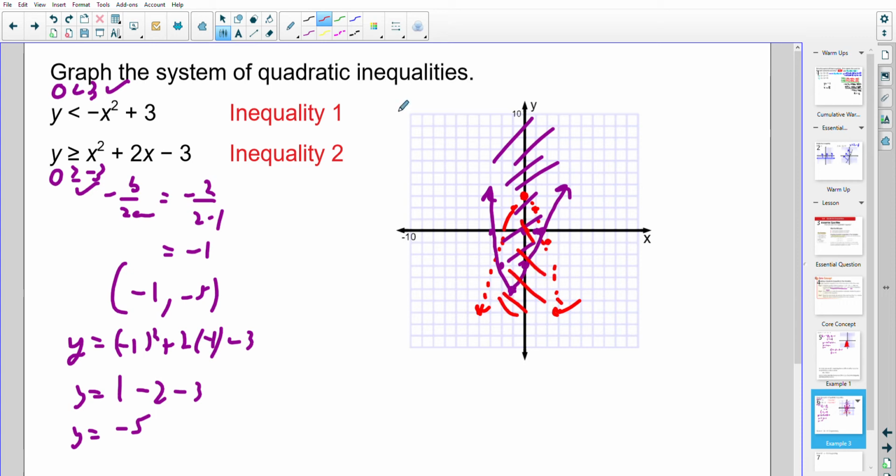So what is the actual solution? It's where they intersect. That means the intersection is going to look like this. Solid line to here, dashed line up through here, and all of the points right in here.